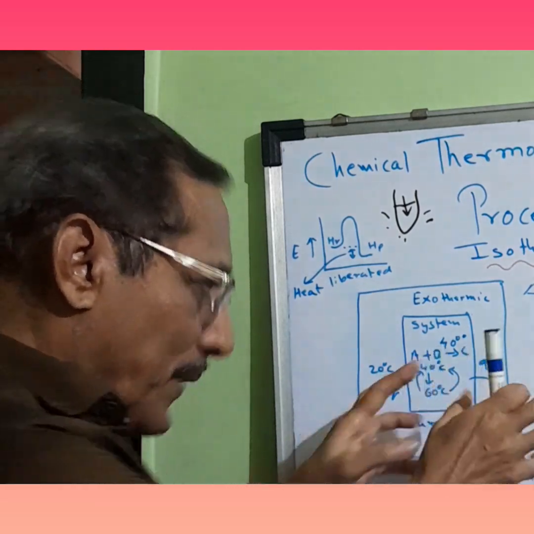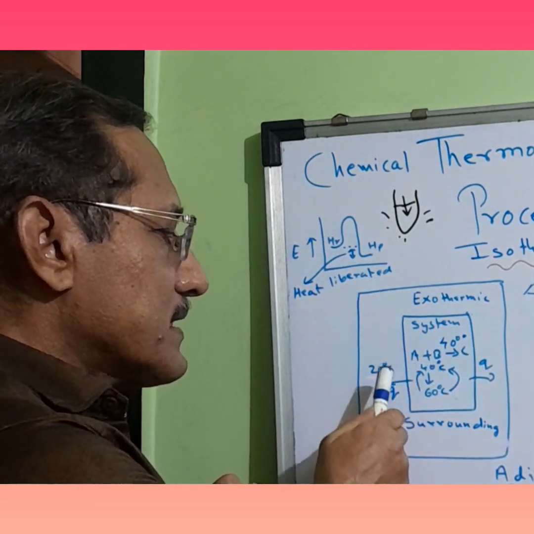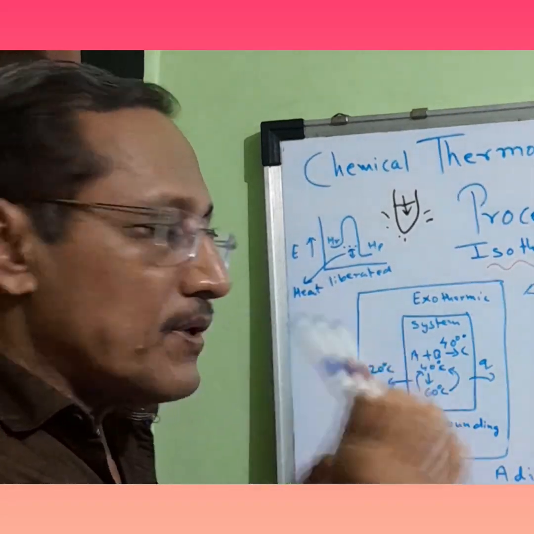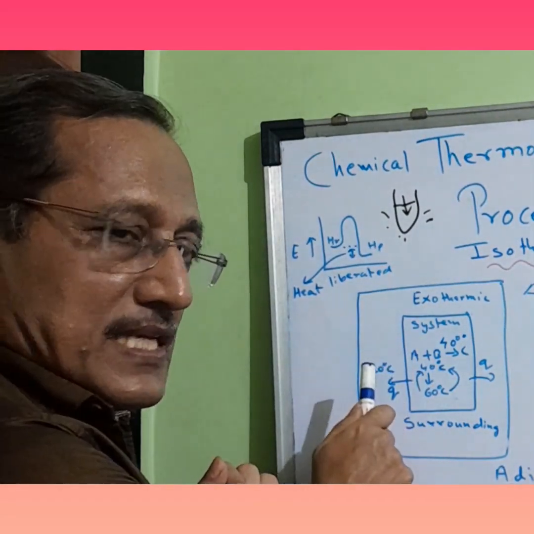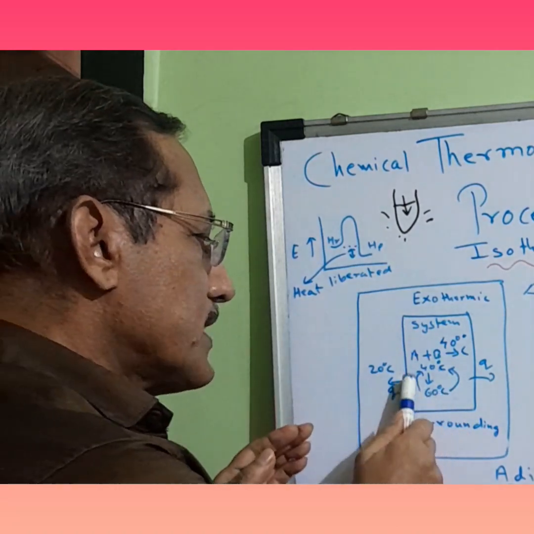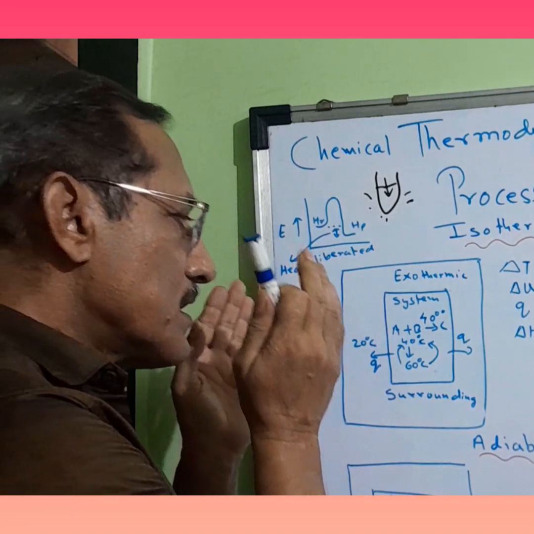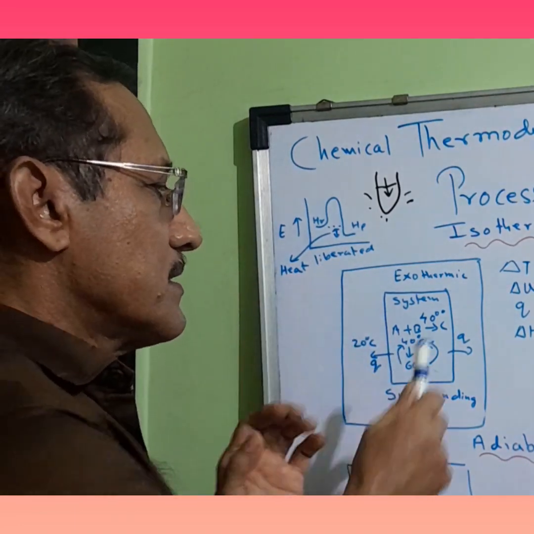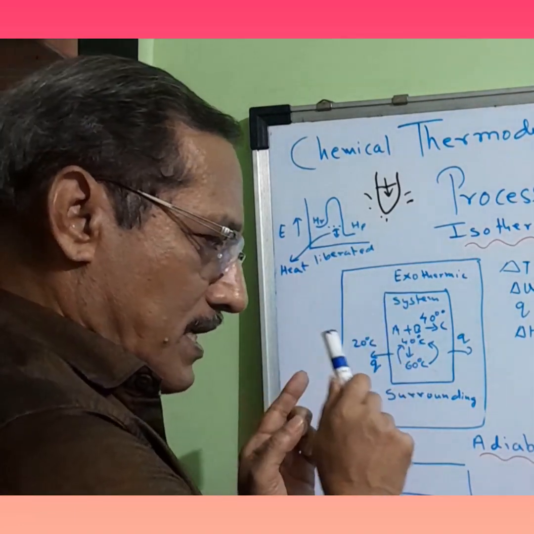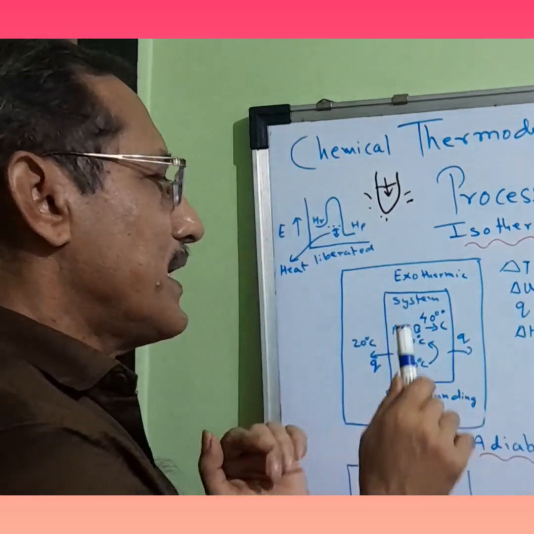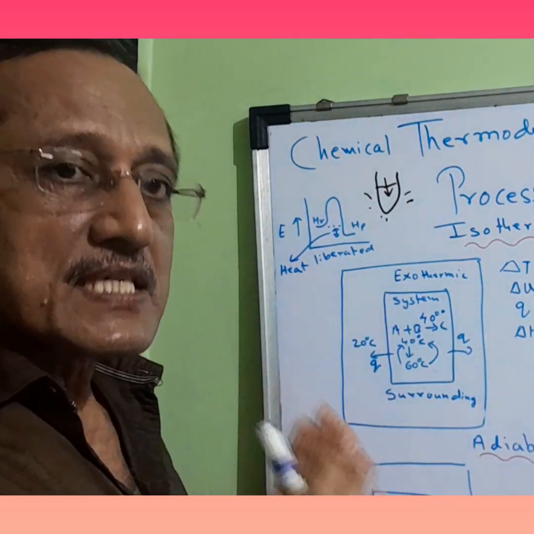Surrounding picks up that excess Q calorie, which is equivalent to say 20 degrees Celsius, takes it out and puts it back to 40 degrees Celsius, as a result of which the entire process for the entire time is maintained at 40 degrees Celsius.